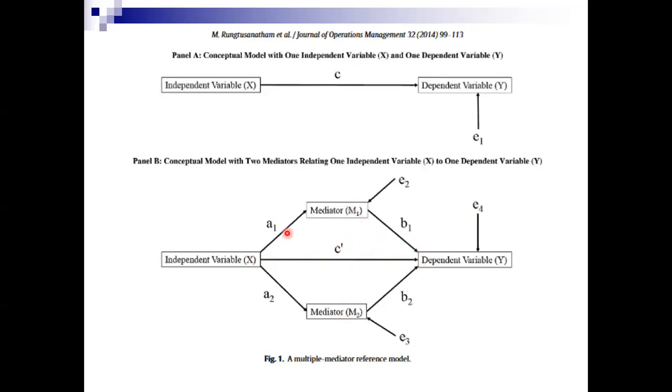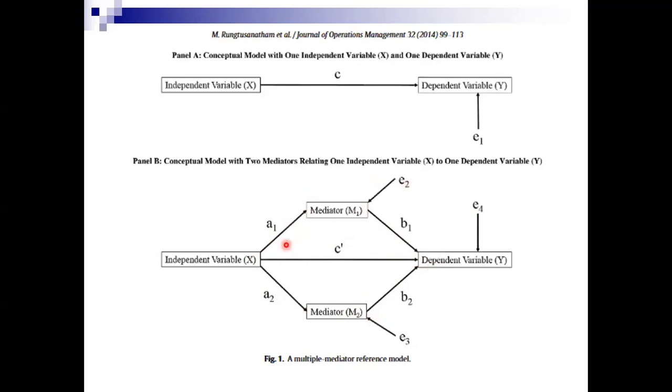Now, we'll also have to analyze path, for example, path A1, which is this link, path B1, which is this link, then path A2, path B2.